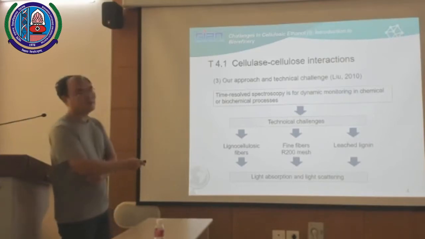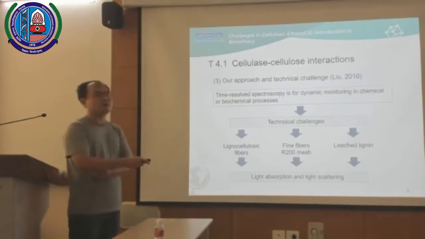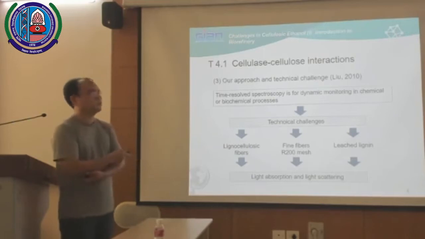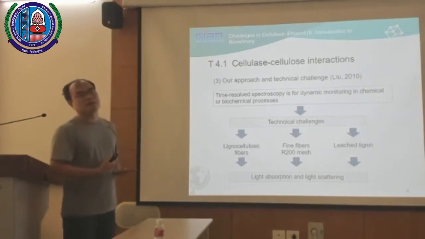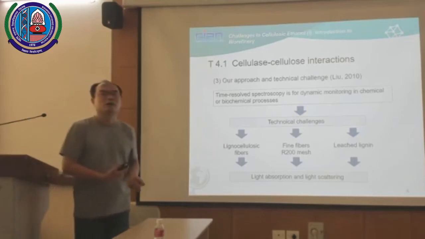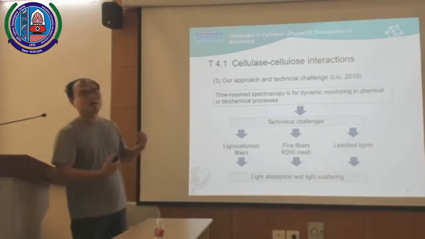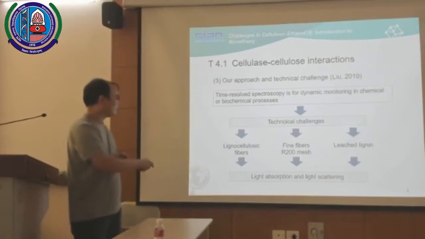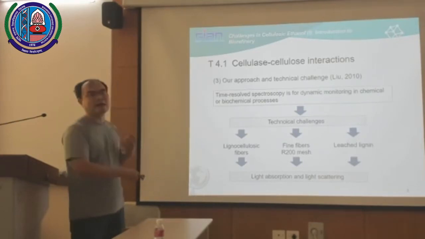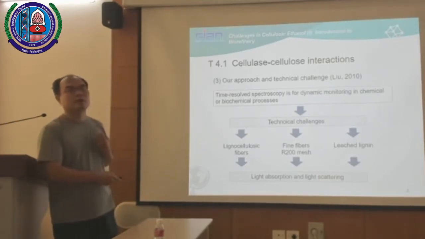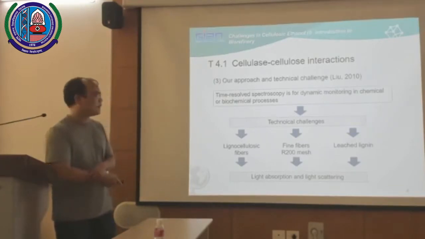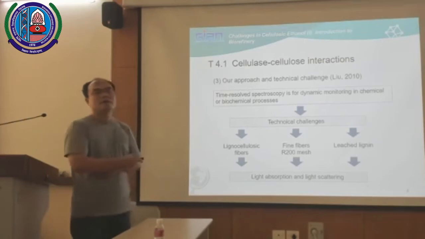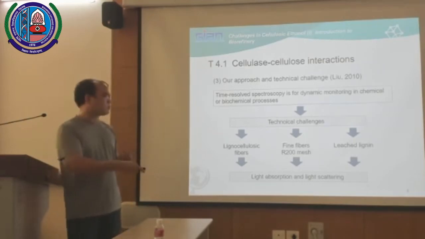Okay. In this system, for the cellulase adsorption, we have at least 3 technical challenges. The first one is the lignocellulosic fibers. They do not dissolve in water. It is a long fiber. It may cause very heavy interference to the light. It causes light absorption and it causes light scattering. Another problem is the fine fiber. Fine fiber also causes strong light scattering.